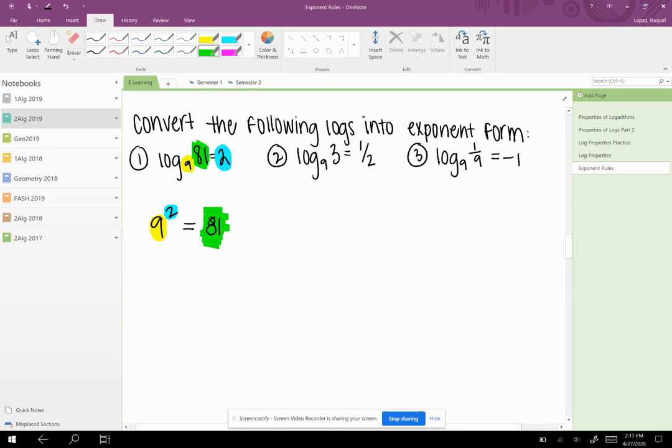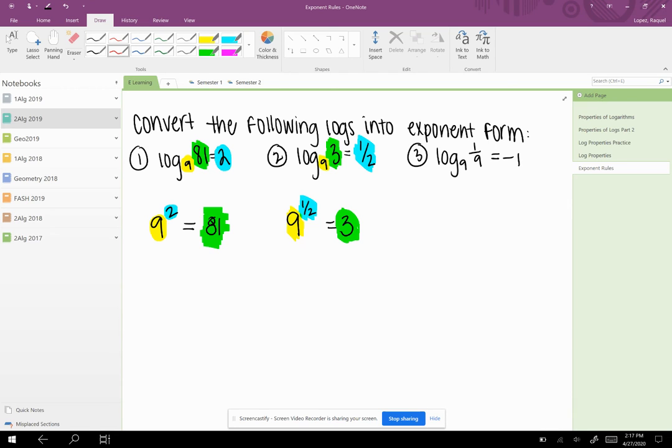Okay. So same process. 9 to the power of 1/2 gets us 3, because your base stayed your base. The exponent was whatever your log equaled. And then your output of your exponent is going to be the input of what your log was.